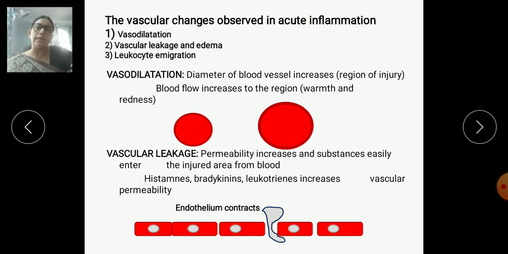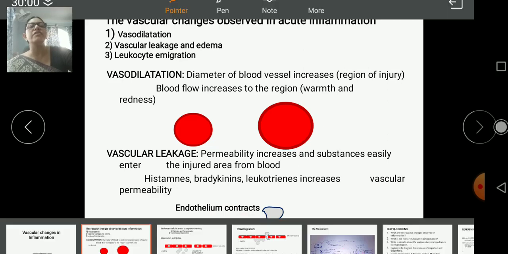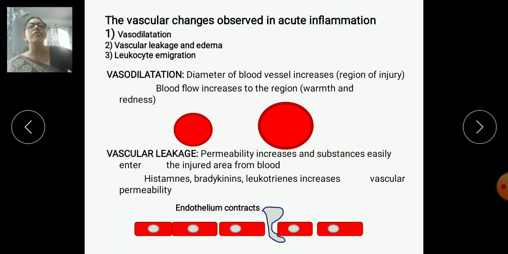You know, all cells of my body are selectively permeable. Selectively permeable means that it will allow few substances to pass. Normally my endothelial layer is intact and allows very few substances to pass through. Here the endothelial layer contracts. The size of the endothelial cells over here is the same, except this one has contracted.